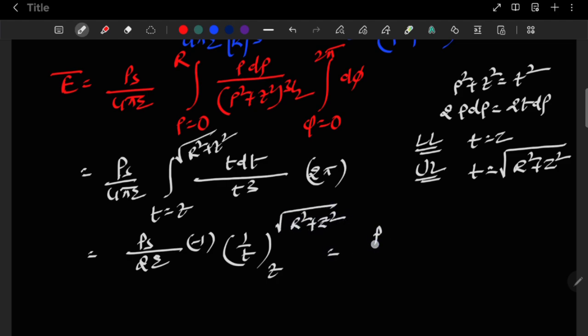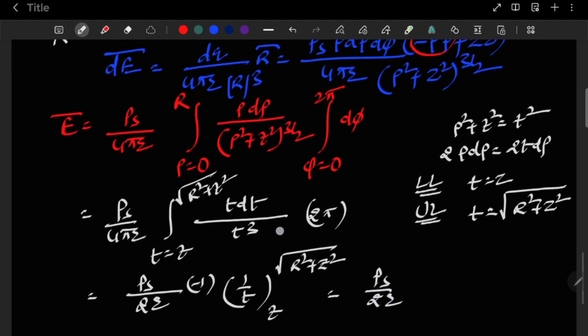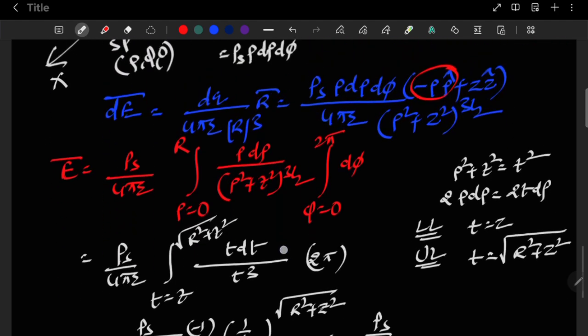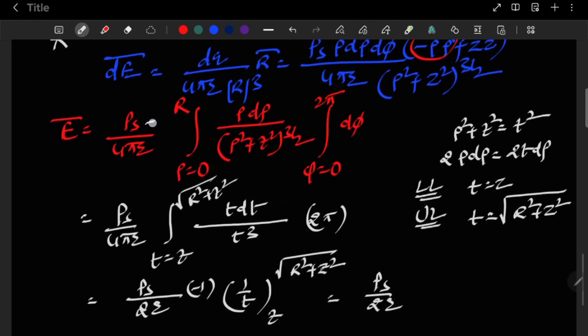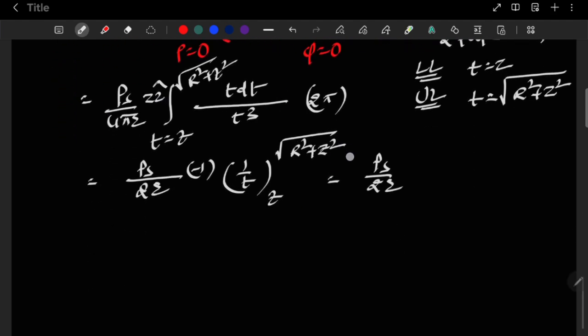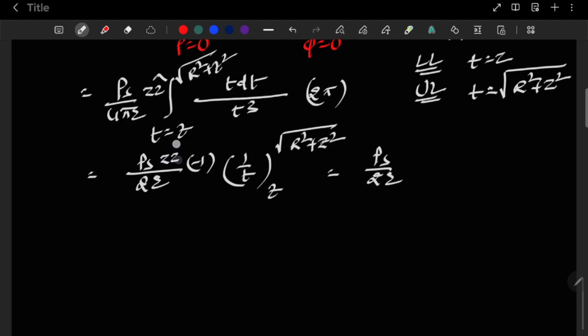Here we forgot z cap. So it is equal to rho s by 2 epsilon z cap, the minus is there, and upper limit substitution is 1 by root of R square plus z square minus 1 by z.